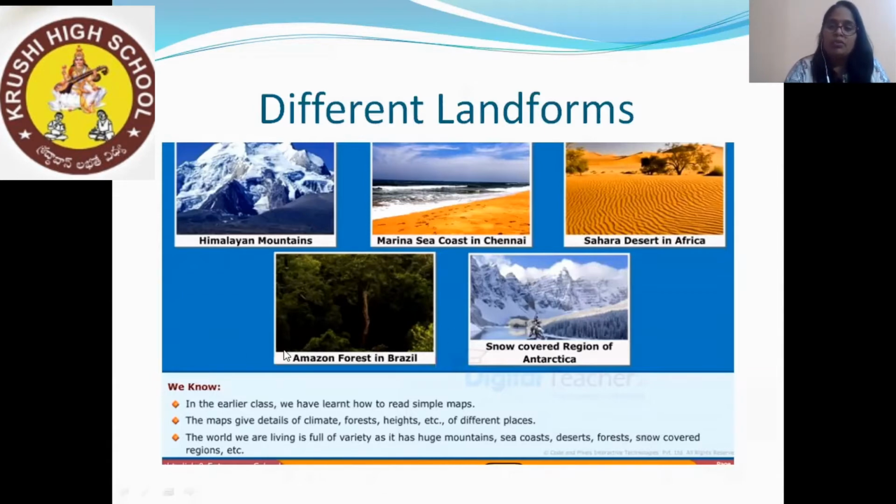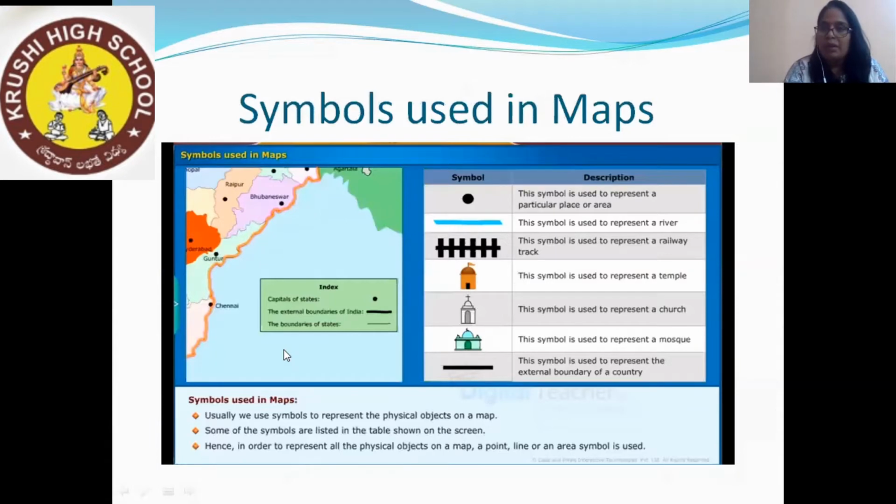And coming to the next one, symbols used in maps. Generally you might have noticed that when you look at a map, you'll find different symbols on it, isn't it? Do you know why the symbols are used? These symbols are used to denote physical objects on a map.